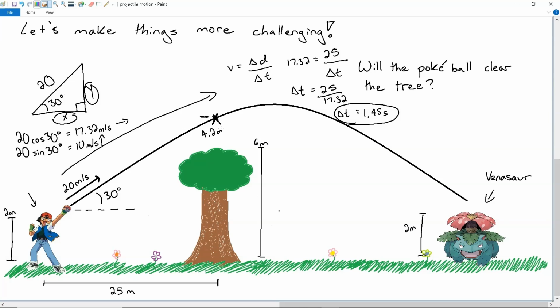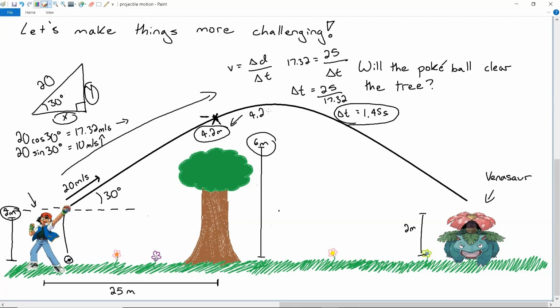Now you might think, okay, 6 meters is larger than 4.2 meters, so clearly the Pokeball was not able to clear the tree. However, we have to consider what the starting height of the ball was, right? Because the ball was not thrown directly from the ground. It was thrown 2 meters up. So what I need to actually do is add this vertical height to my answer to get an accurate height relative to the ground.